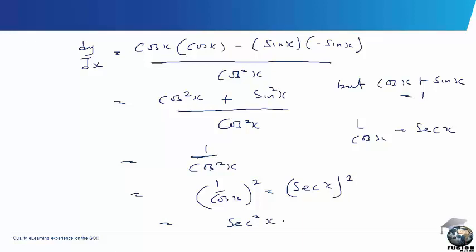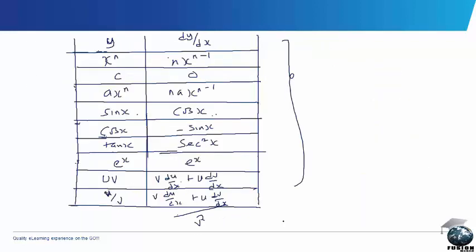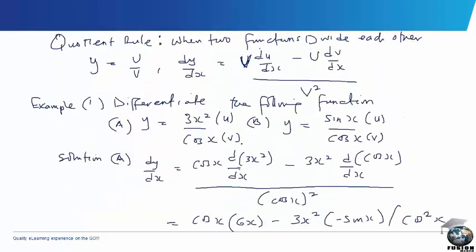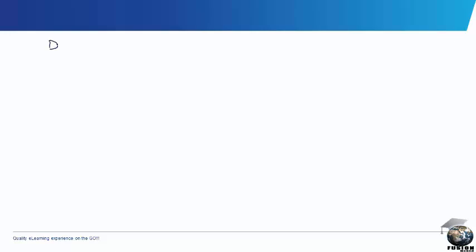That's why when you go to your table, you see that we said that when you differentiate tan x, it gives you sec squared x. Alright, I think with this we've come to the end of this class, and the next thing I want to talk about is differentiation of exponentials.